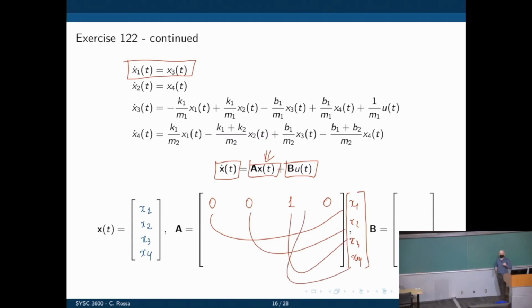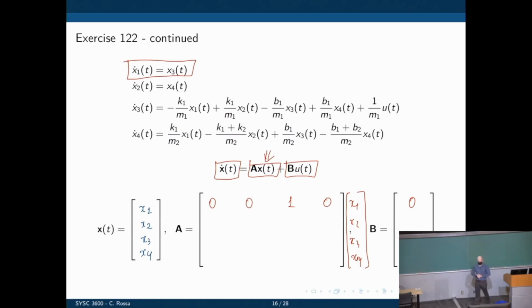All we need is x1 dot to be equal to x3. So it only takes one element there. Everything else is 0. And it's not a function of u, so we can put a 0 in the first cell of vector B.